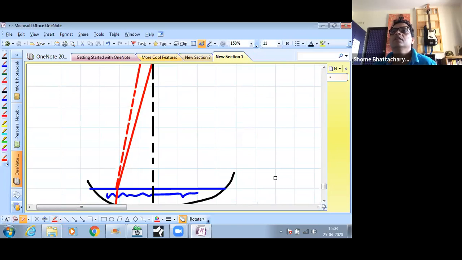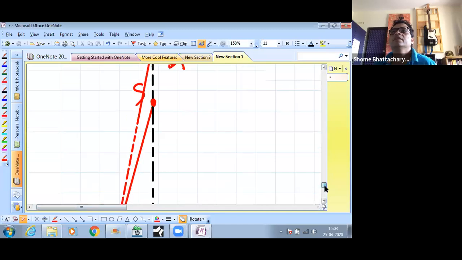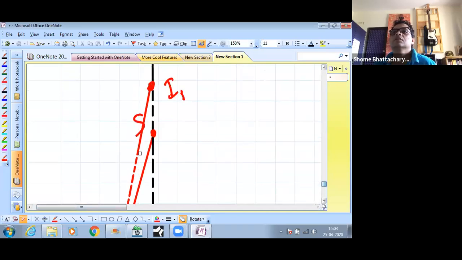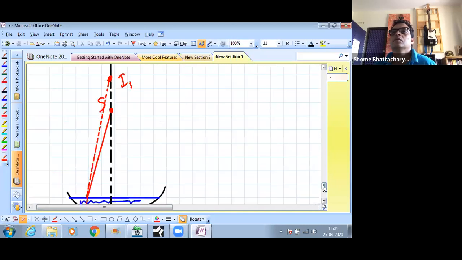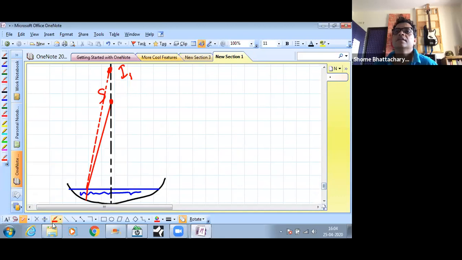It's actually inside water, and I've produced it back to show where it intersects with the principal axis. So it intersects at that point, which we have labeled as I1. So in this diagram, this was your incident ray, and after refraction it's becoming like this. Is this okay?